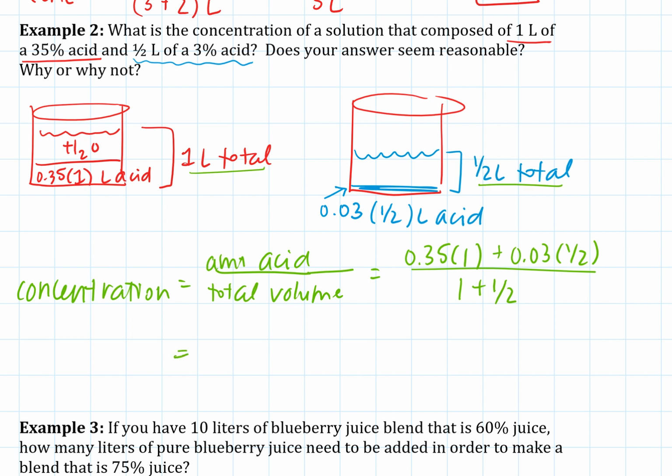And so this would be 0.35 plus 0.015 over 1.5, or you can just type this into your calculator. This gives you 1.5. Oops.